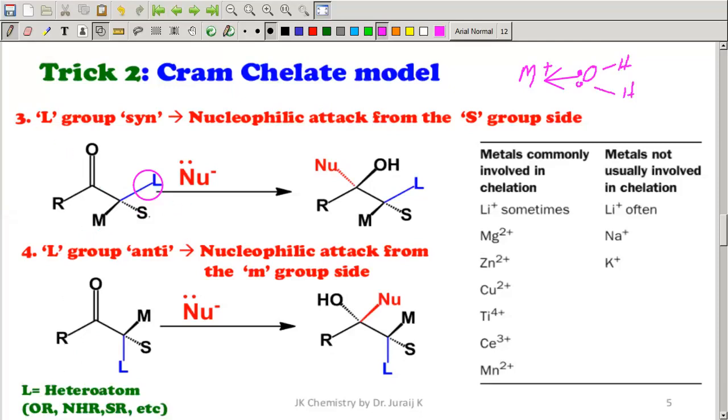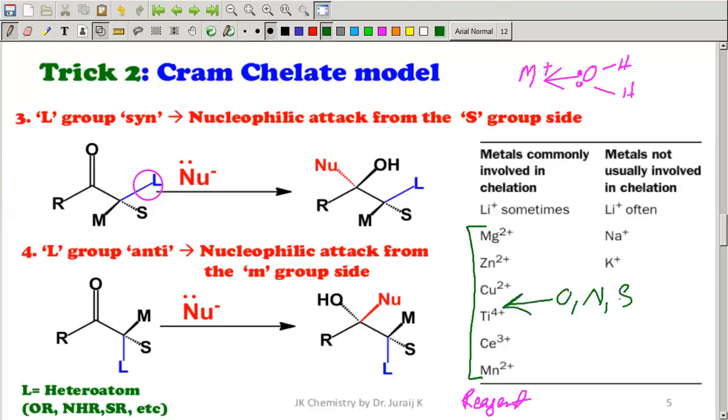So here you can't see any metal in the compound, right? So metal from where? The metal should be from your reagent. Usually a reagent containing magnesium, zinc, copper, titanium, cerium, manganese, these ions can coordinate with a heteroatom like oxygen, nitrogen, sulfur.